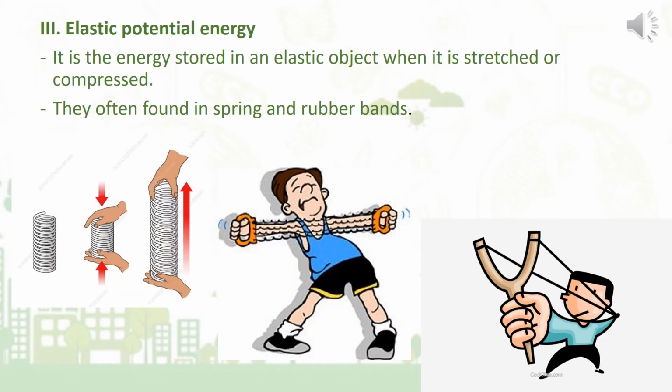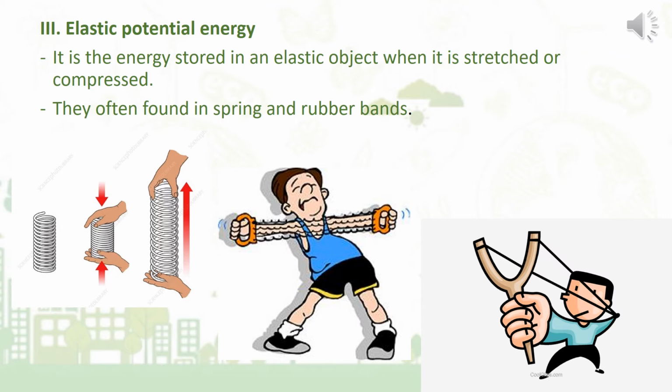Let's see the third type of potential energy, that is elastic potential energy. It is the energy stored in an elastic object when it is stretched or compressed. It is often found in springs and rubber bands. So the spring doesn't contain any energy.